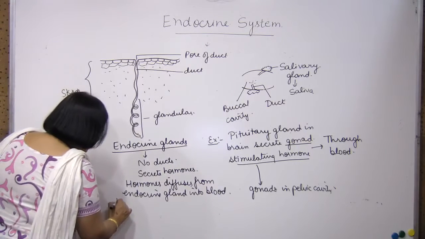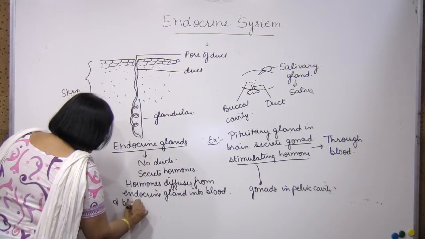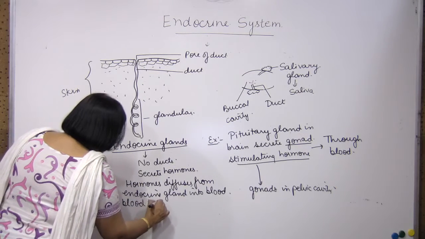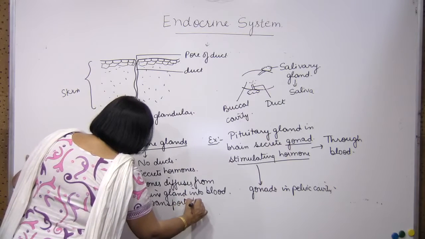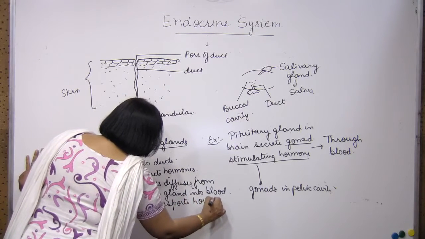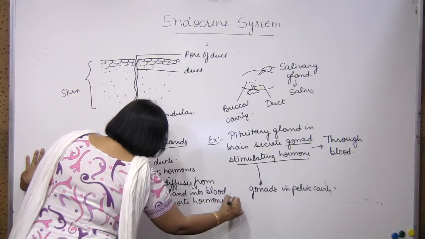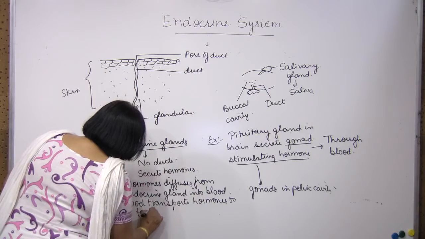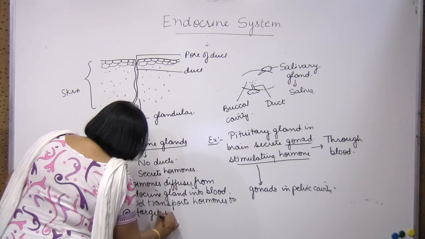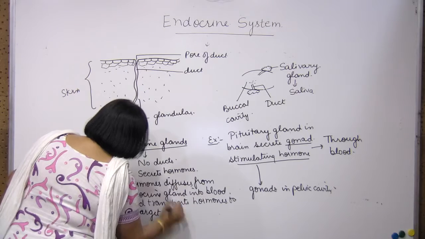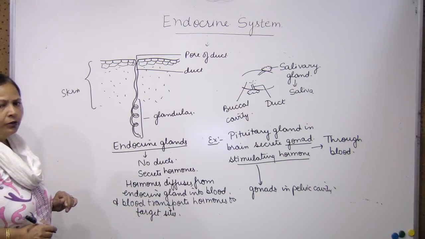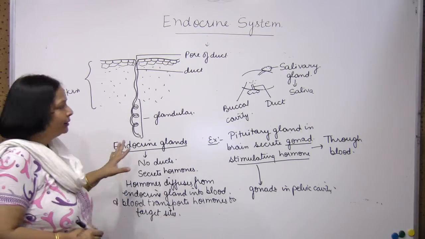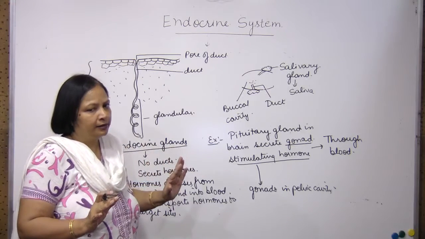And blood transports hormones to target sites. Target sites means where the hormones act. Is it okay? So remember that we don't have large ducts.